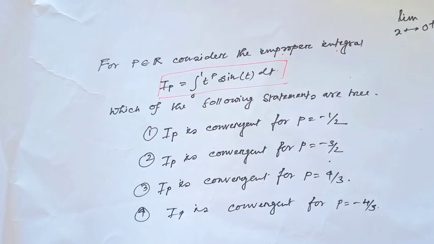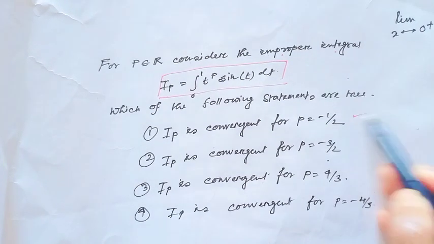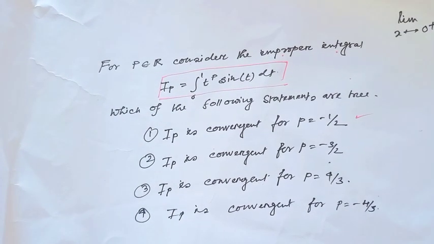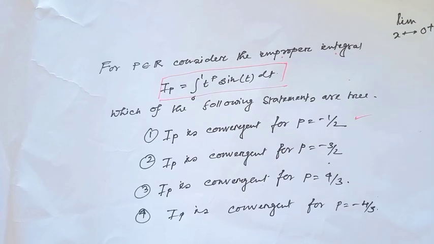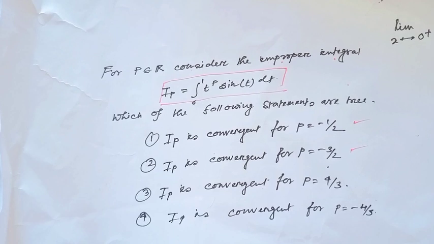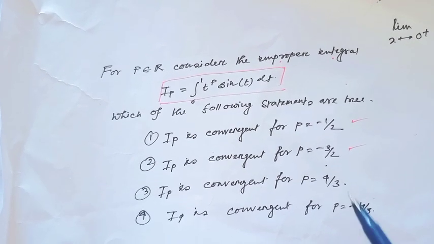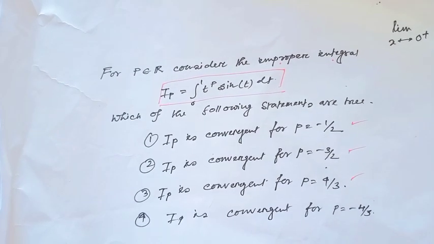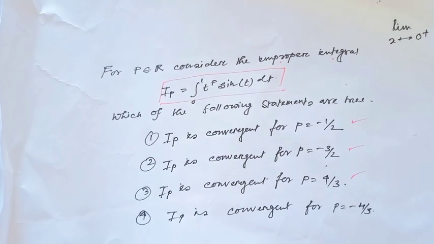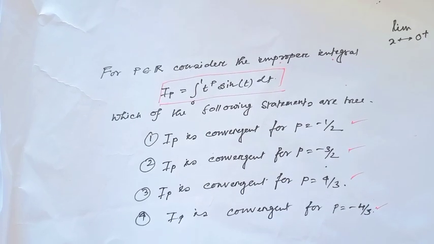Option 1, I_p is convergent for p equal to minus half. Option 2, I_p is convergent for p equal to minus 3 over 2. Option 3, I_p is convergent for p equal to 4 over 3. Option 4, I_p is convergent for p equal to minus 4 over 3.